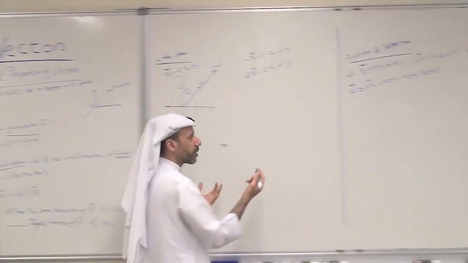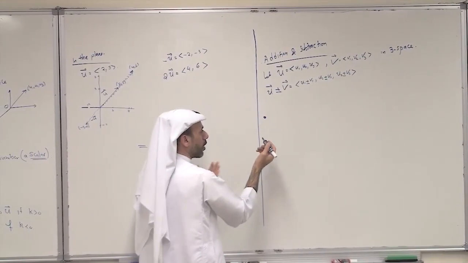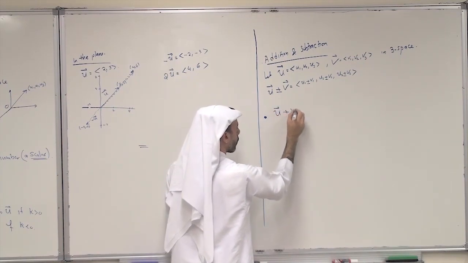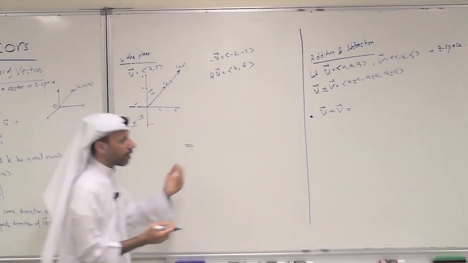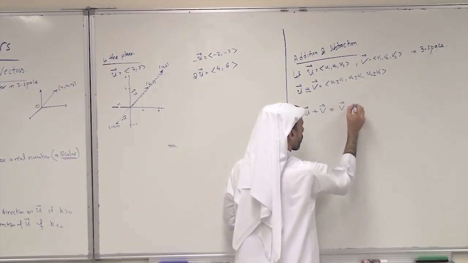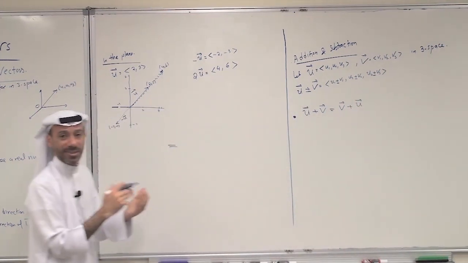We have some properties of the addition operation here. If you have U plus V, adding two vectors, it is the same thing as adding V plus U. So addition of vectors is commutative.